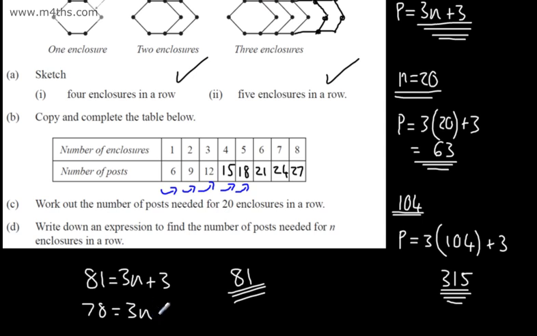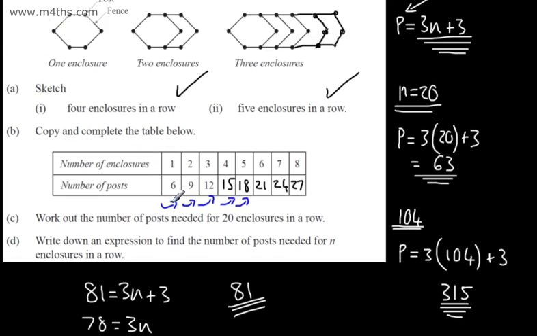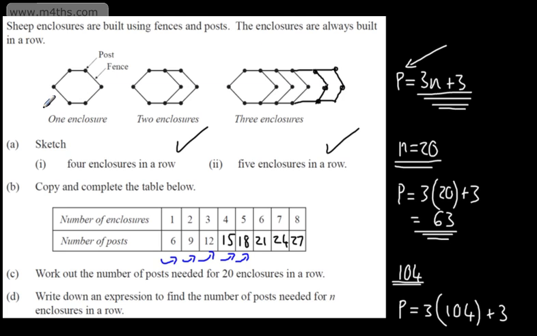Then I would divide both sides by 3, and that would give us that n was 26. So if we wanted to find the number of enclosures with 81 posts, yes, it does exist, and there are 26 enclosures in a row. So there we go, that's a nice functional question.